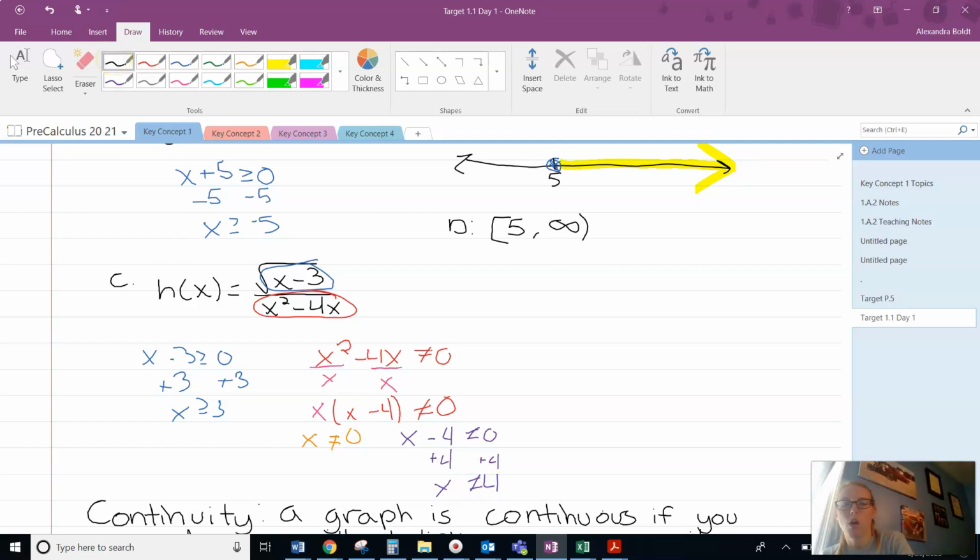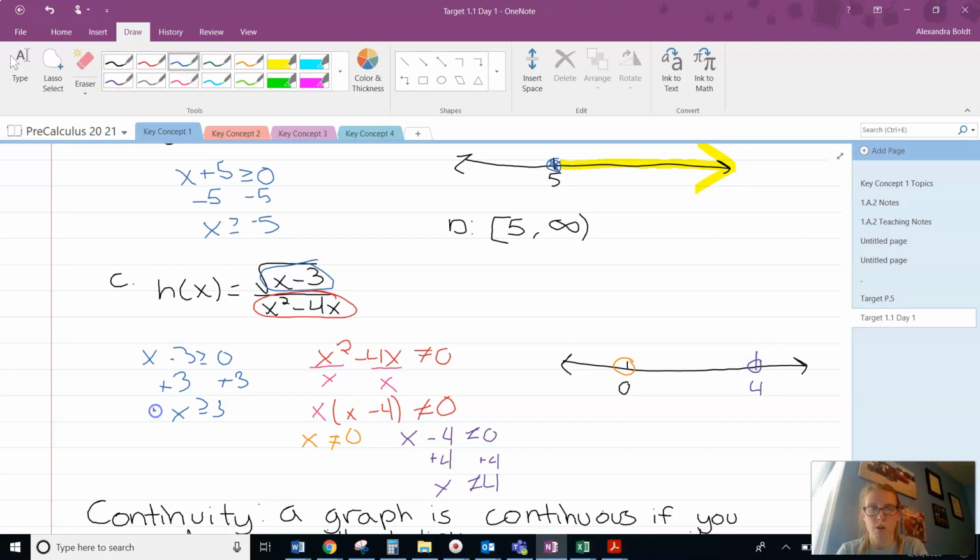Okay, I need to put all of these things in a number line. I always start with the not equals. So 0 is important. And I can't be that, so I'm going to put a big circle. 4 is important. And I can't be that.